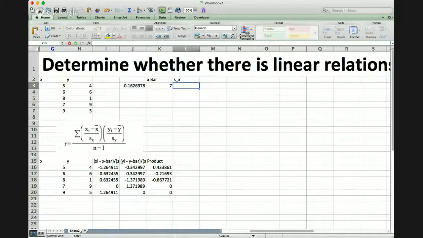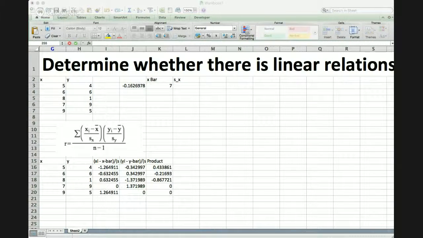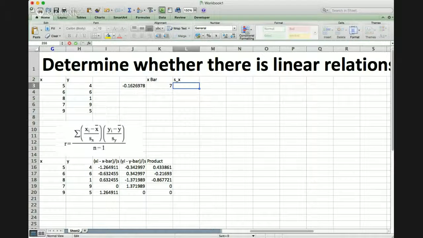Let's do the s, the standard deviation. Standard deviation also has a formula, or you could just use the Excel function. If you want to do it the formula way, it would use the formula. But let's do standard deviation.